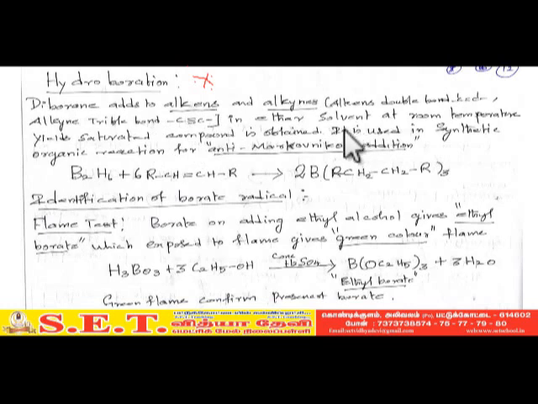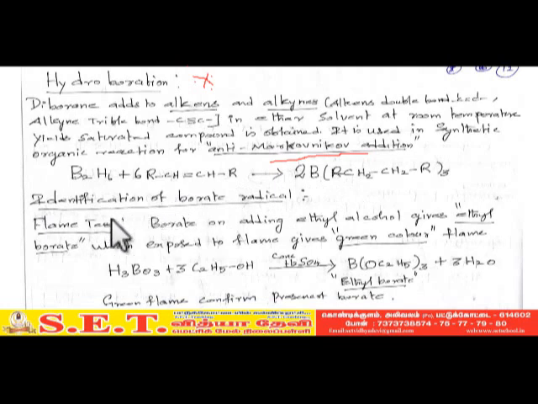Diborane adds to an alkene or alkyne in ether solvent at room temperature, and a saturated compound is obtained. It is used in synthetic organic reactions for anti-Markovnikov addition. Reaction: B2H6 reacts with an unsaturated compound to give saturated products.